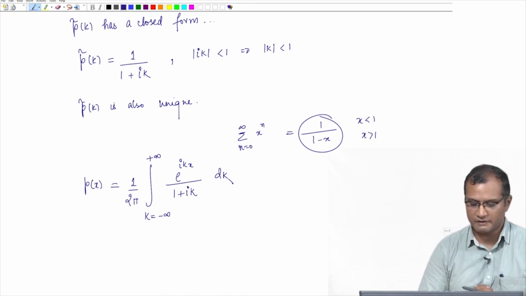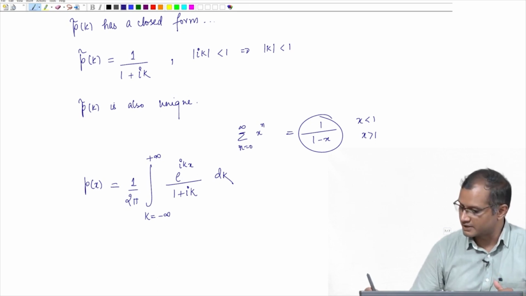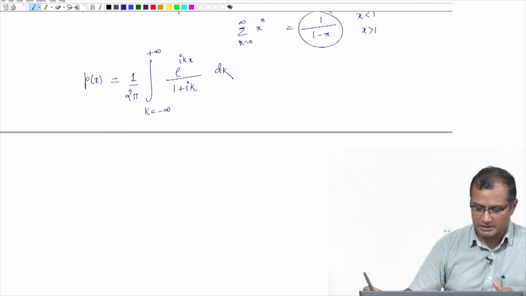This is the inverse Fourier transform of my PDF. PDF is the inverse Fourier transform of my characteristic function, which is 1 upon 1 plus I k.